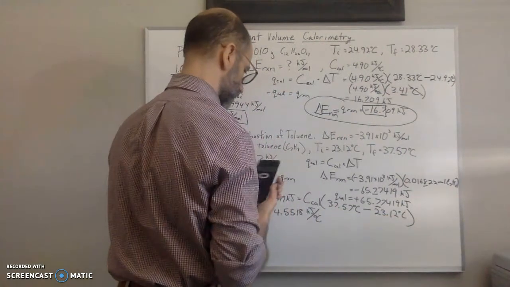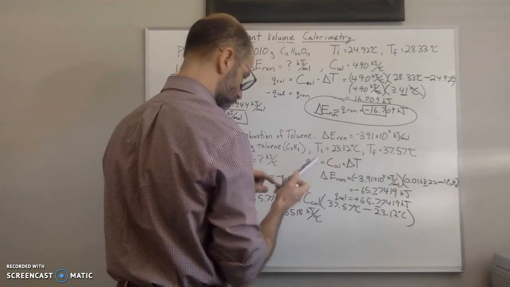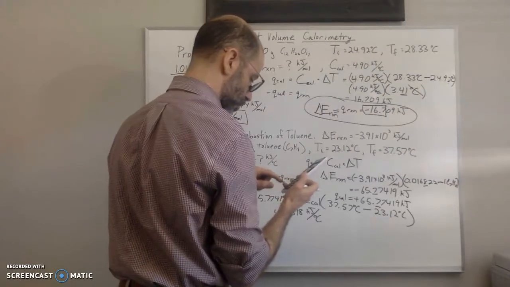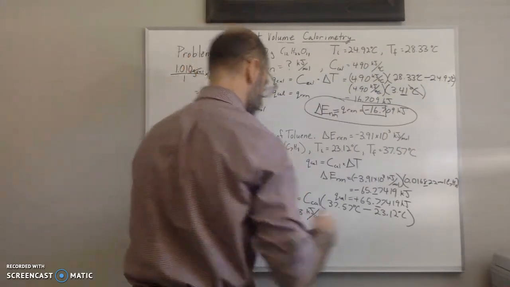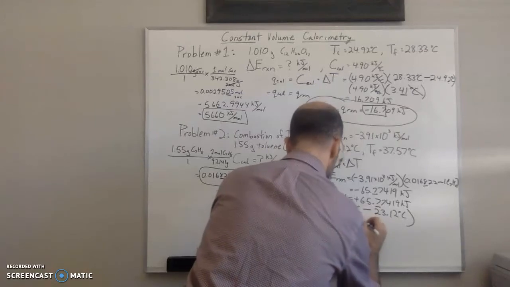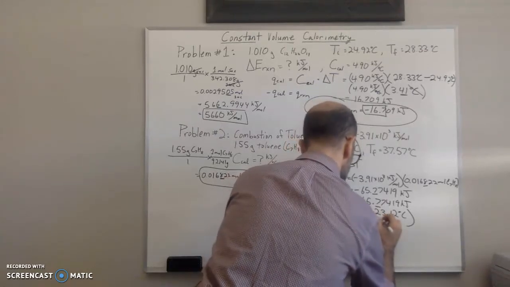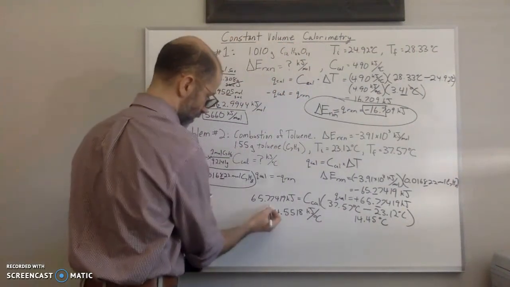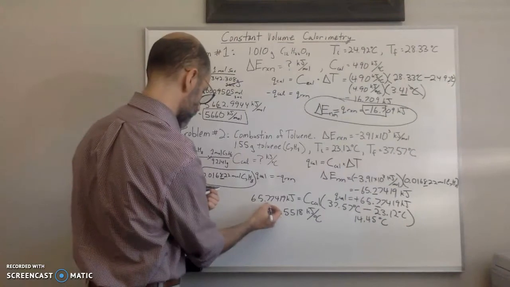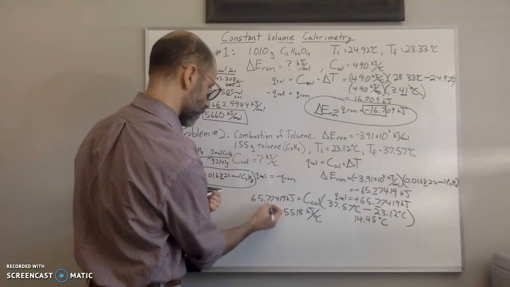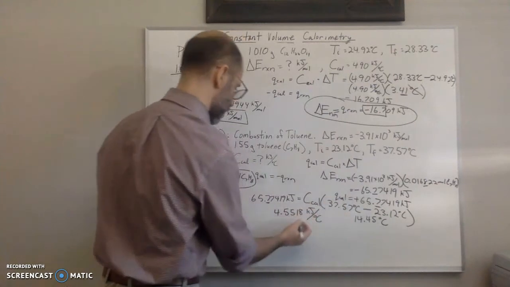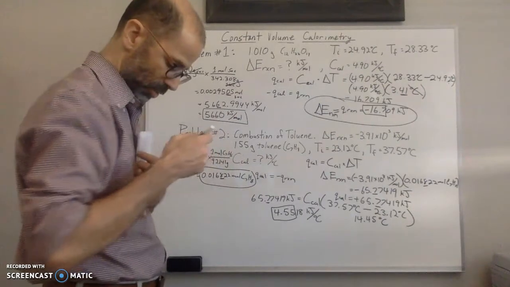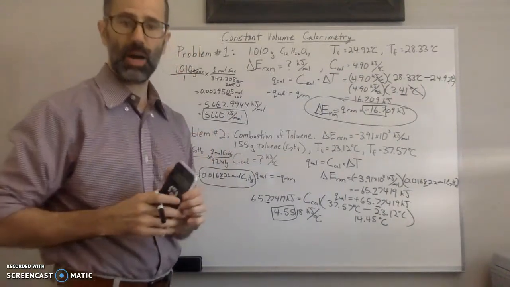So when you subtract these, 37.57 minus 23.12, you get 14.45. So the difference is 14.45 degrees Celsius. So we have 4 sig figs here. You had 3 sig figs here, if I remember correctly. So 3 sig figs. So your final answer should be in 3 sig figs. So that's going to be the answer to this problem.